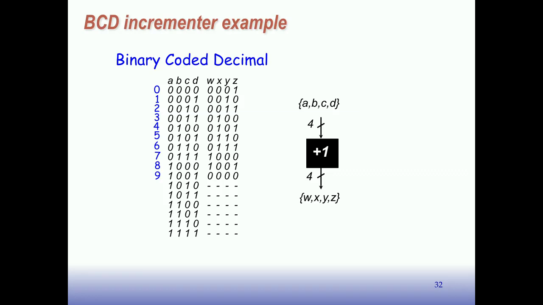Here's a map. If the decimal digit is 0 through 9, then we just use these binary numbers 0 through 9. Oh, this is not right. 0 should be 0. We're off by 1.